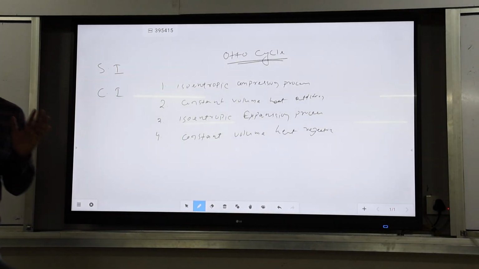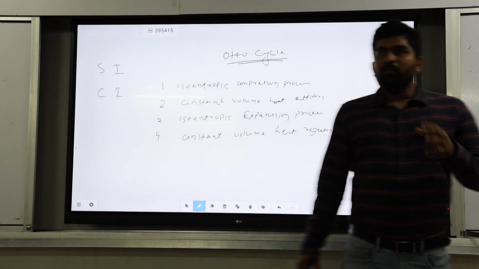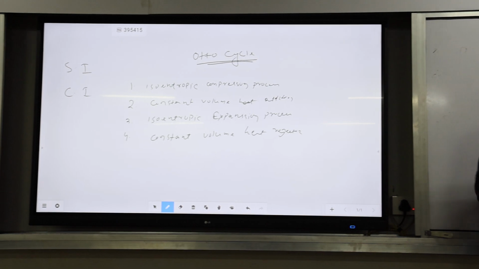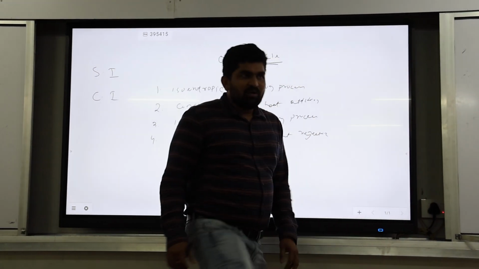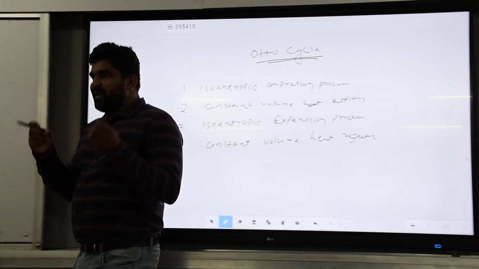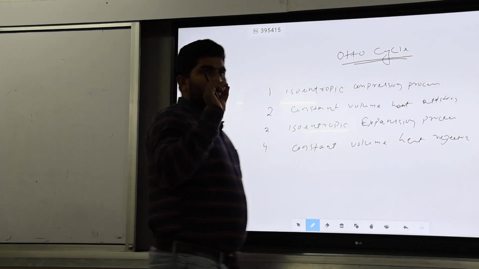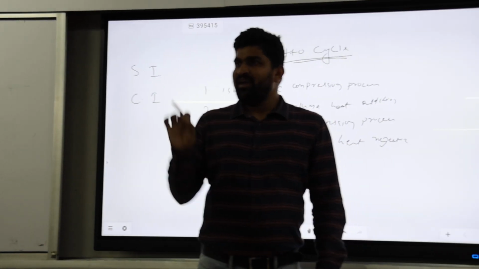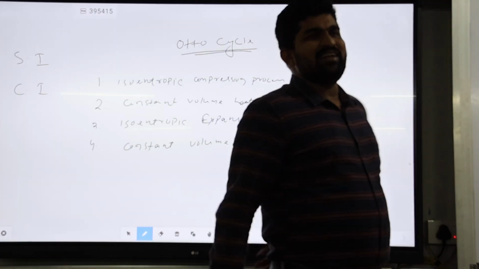Okay, how does it work? See, isentropic compression means, when you kick-start the bike, the inlet valve is open. Then the air plus fuel mixture goes into your engine cylinder.